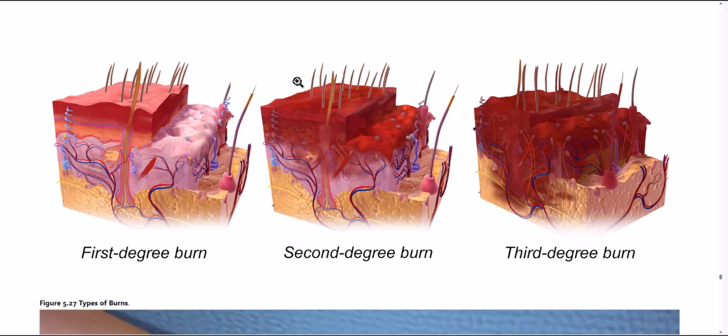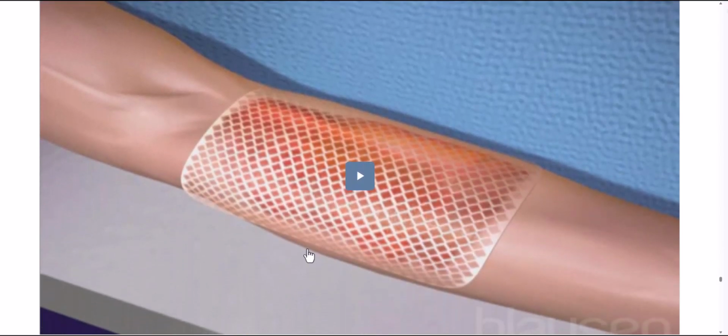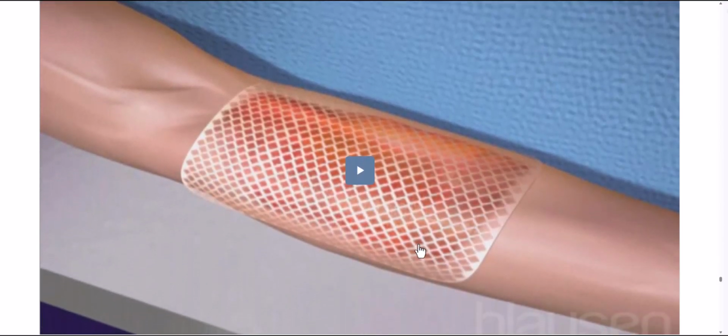Well, if you have lost all of the epidermis and the dermis, you've also lost the stem cells that are available to help repair that skin. So without the dermis and the epidermis, you can't create skin from the bottom up and you can't create skin from the edges. And so again, that third degree burn must be fixed through a grafting situation.